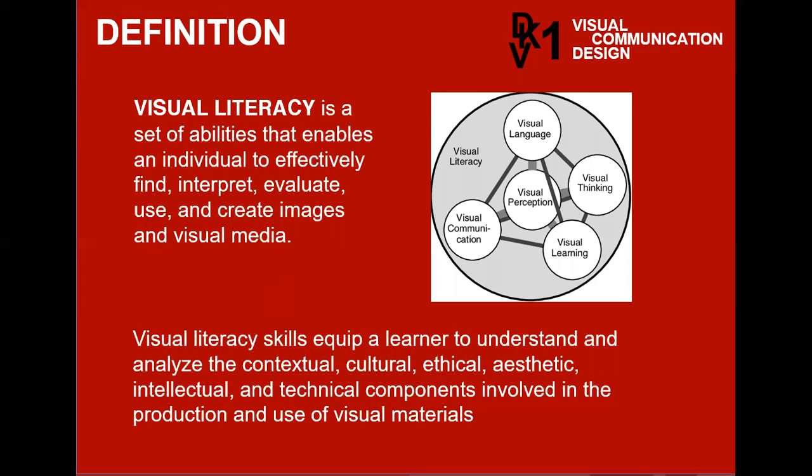Visual literacy skills equip a learner to understand and analyze the contextual, cultural, ethical, aesthetic, intellectual, and technical components involved in the production and use of visual material. So visual literacy is going to talk about visual communication, visual language, visual thinking, visual learning, and visual perception.